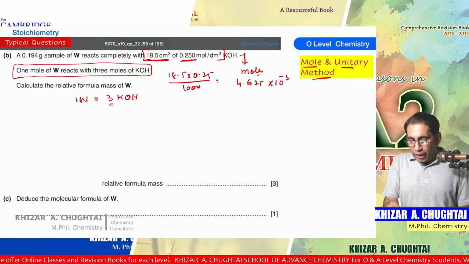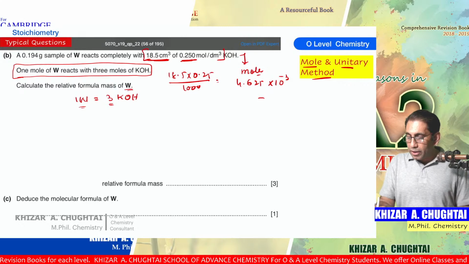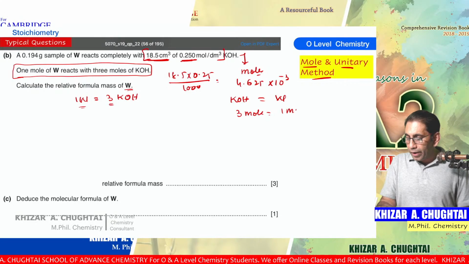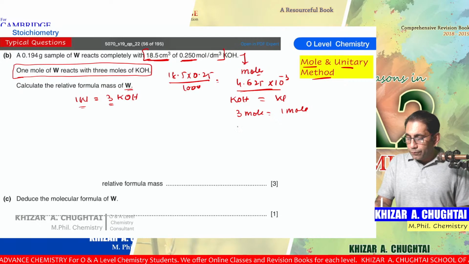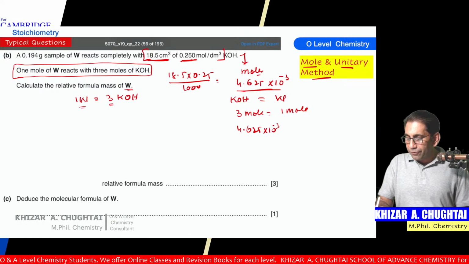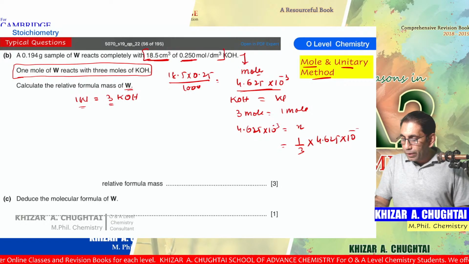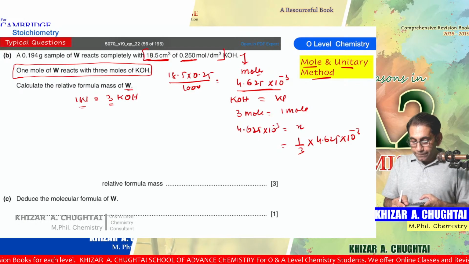We are going to find the W, so I am going to write W on the right hand side and KOH on the left hand side. 3 mole of KOH is equal to 1 mole of W, and 4.625 into 10 raised to power minus 3 will be equal to what? It will be equal to 1 by 3 into 4.625 into 10 raised to power minus 3. It will be the mole of W.